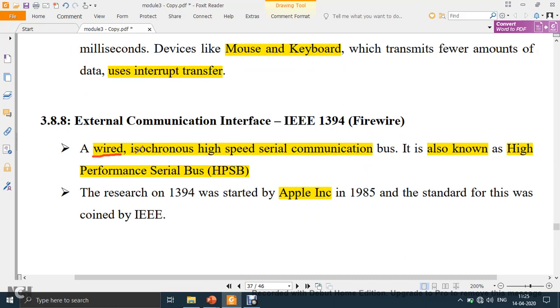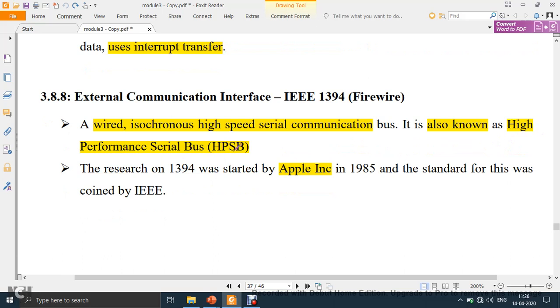It is again wired, isochronous, high speed serial communication. It is serial only, wired only, but isochronous. Isochronous means it makes use of both synchronous and asynchronous data transfers. It is also known as High Performance Serial Bus (HPSB).